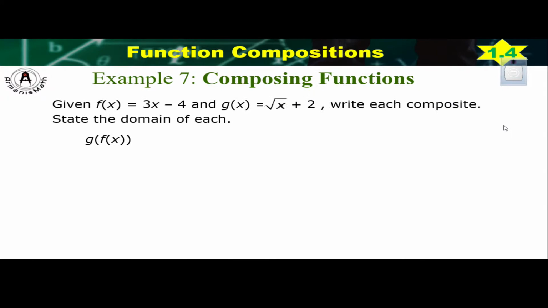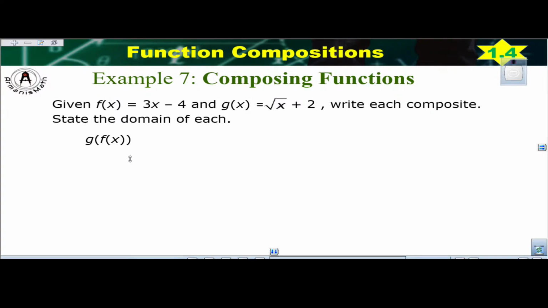Okay, how about this one here? This one says given f of x is 3x minus 4 and g of x is square root of x plus 2. Write each composition. So the first one is g of f of x. Somebody help me out here. What's the blob that I have to highlight? Stay with me, guys.